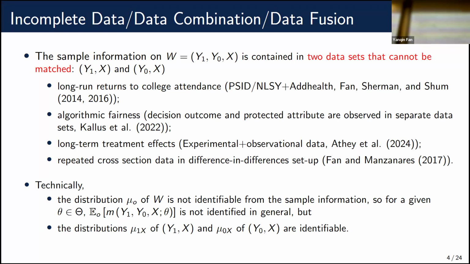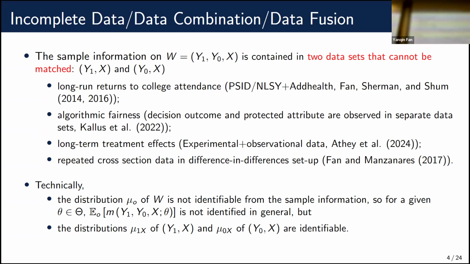Another example is algorithmic fairness, which I'm going to use as a running example for my talk today. This is a recent popular example for which data combination is really important because of privacy issues. In algorithmic fairness, there's a decision outcome, and typically there's a protected attribute.